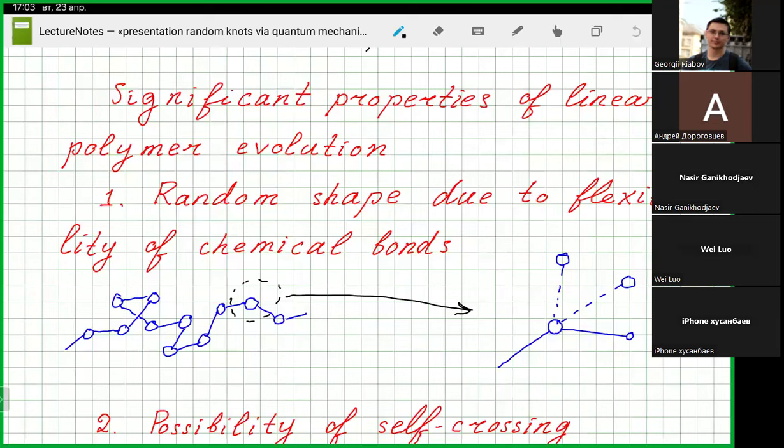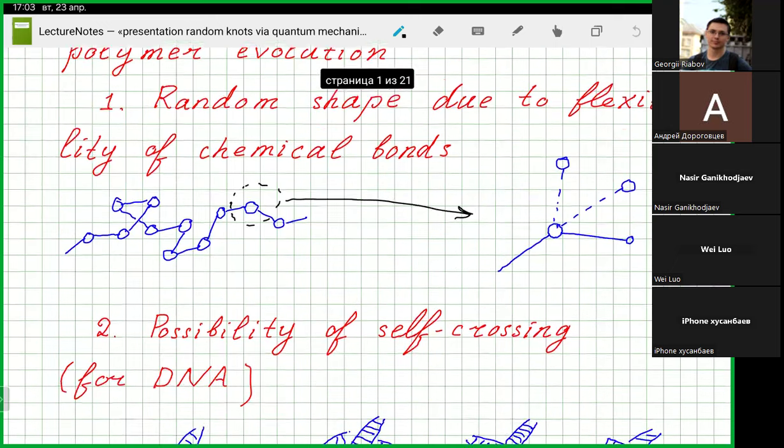Since the number of monomers is relatively large, like 10 to the power of 5 or 6, then even if the angle changes by a very small value for every bond, for every pair of monomers, you can imagine that the whole polymer gets a very complicated shape.